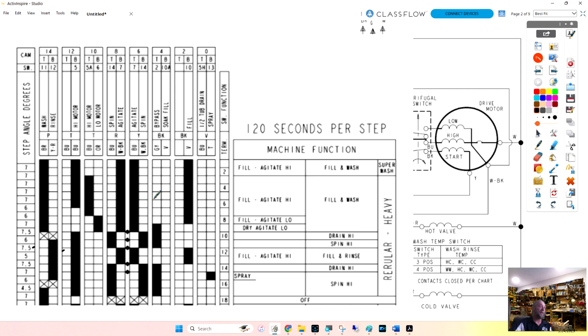So if we look at these dots here, I don't know why they did that. That was weird. Let me use a different color. This dot is right here, and this dot is right here. That is in between these two cycles, spin and agitate.